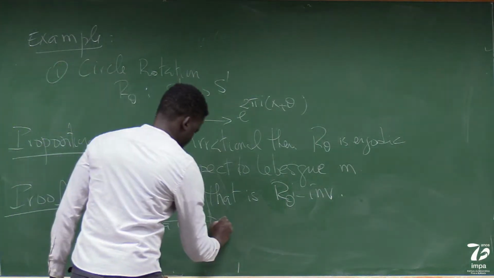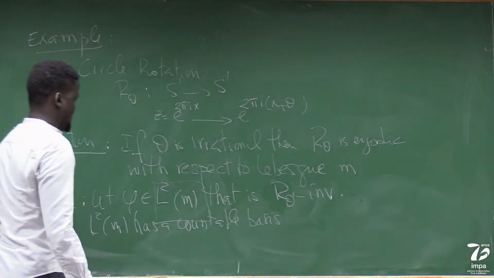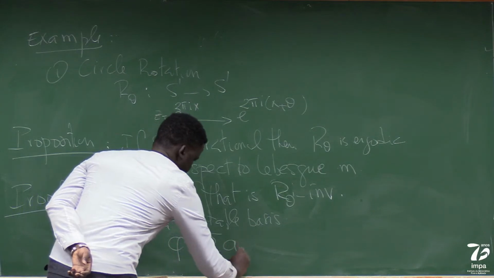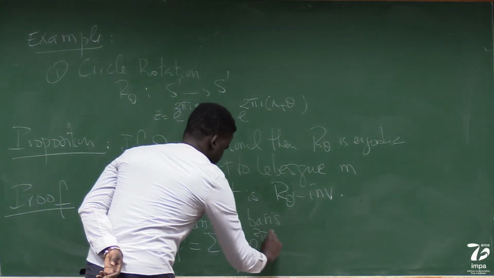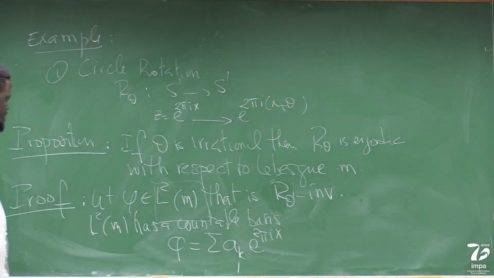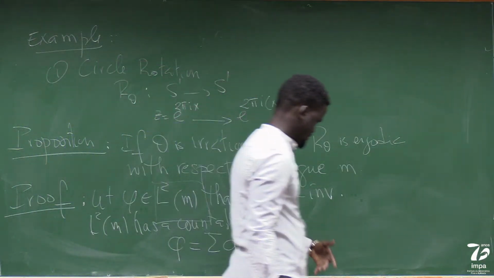Okay, meaning this function C can be written as a_k times the exponential of 2 pi i x. Sorry, I'm doing it on the complex.